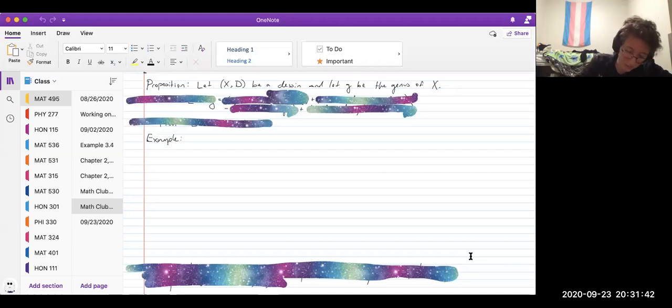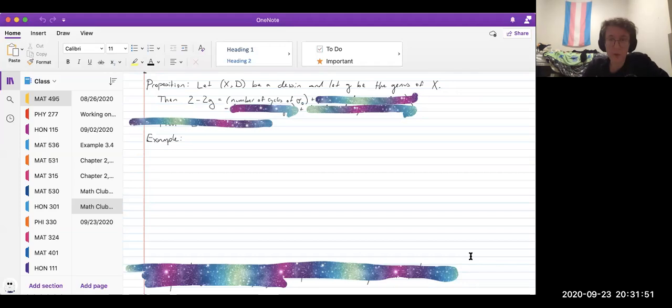So 2 minus 2G, that's 2 minus twice the genus, is equal to the number of cycles in sigma 0 plus the number of cycles in sigma 1 minus the number of edges plus the number of cycles of sigma 1, sigma 0.